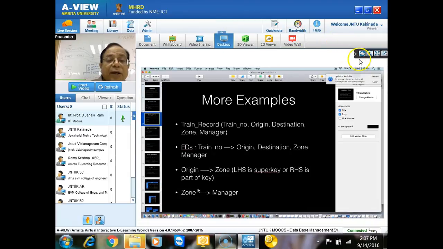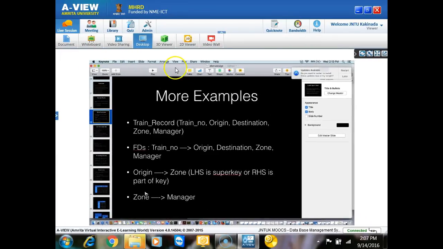Adding more into this now, compare with the functional dependency. This is the case of origin, destination, zone. Every zone there are many stations. So given a zone, you can decide many things.